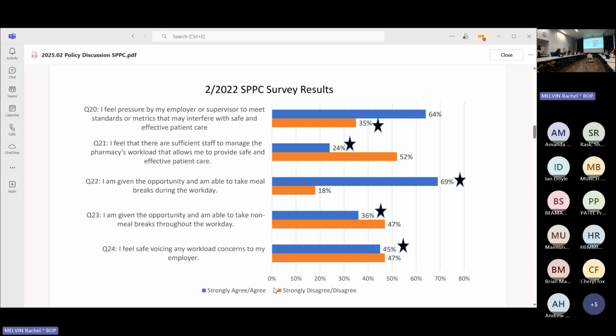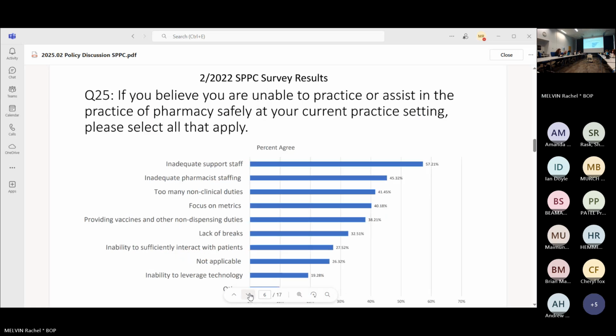And then some highlights from here. I'm given the opportunity and I'm able to take non-meal breaks throughout the workday. I feel safe voicing any workload concerns to my employer, etc. And if we just take a high-level overview of that, what we see are the trends, where the first three questions essentially involve inadequate staff or support staff.